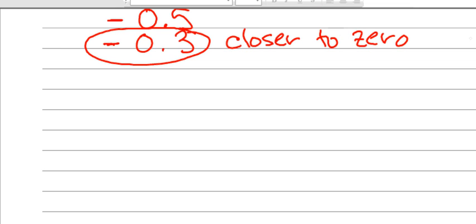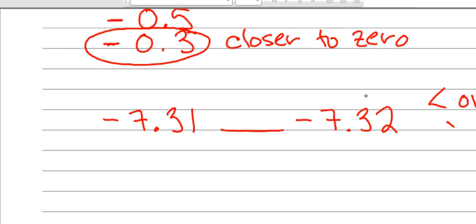Let's try another negative. So is negative 7.31 less than or greater than negative 7.32?